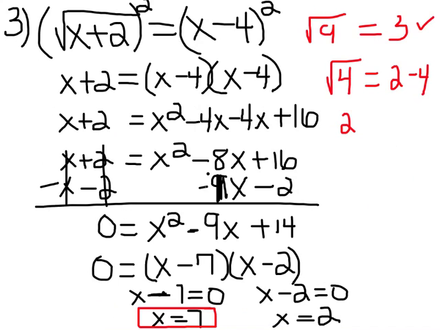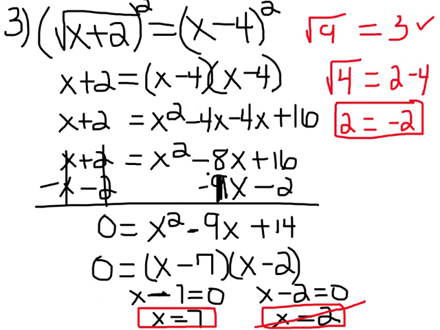Does that equal a negative 2? This does not check out. So x equaling 2, even though we did everything correctly, is not a possible answer because it does not check out when we plug the value in. So our answer in this radical equation is x equals 7.